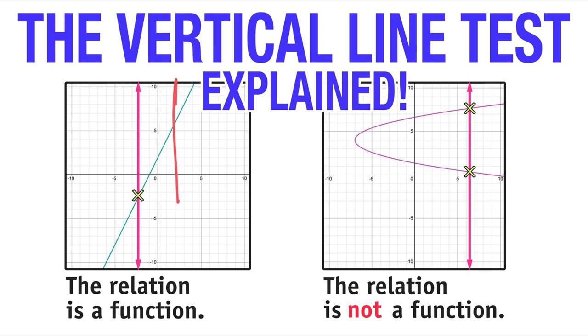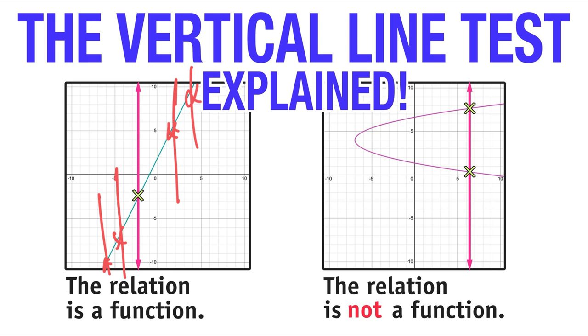A vertical line would intersect once, once, once, once. If it only hits the proposed function one time, it's a function. That is telling you that every x value is unique, that those x values are not being repeated.